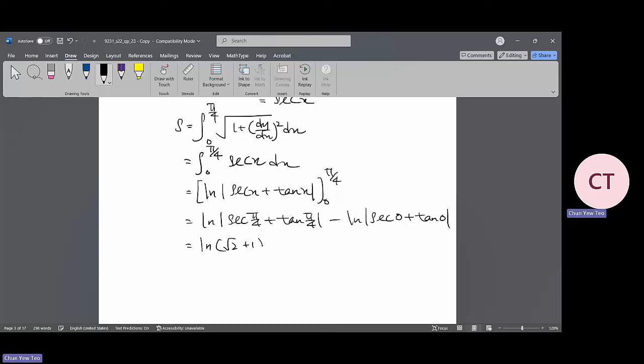Tangent pi over 4 is 1. This is 1 plus 0, so ln of 1 plus 0 is 0. So your answer will be ln of 1 plus root 2. Done. That is the answer for number 2b.